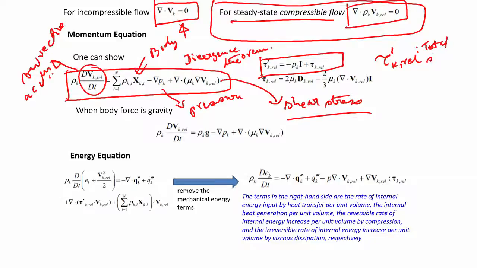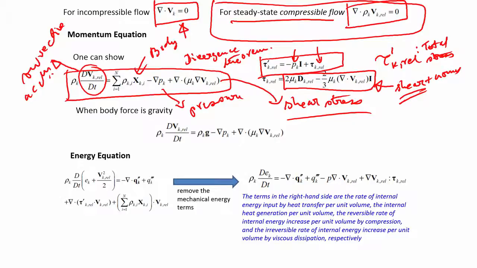This total stress is a combination of the pressure, that is an identity, and the corresponding shear stress component, which is given by this expression. So this is the shear and the normal stresses, and this is the pressure.